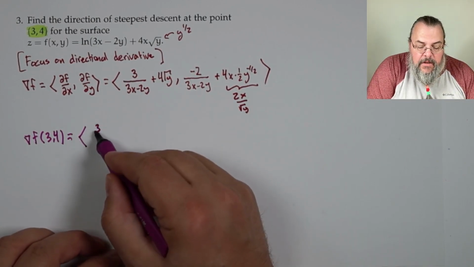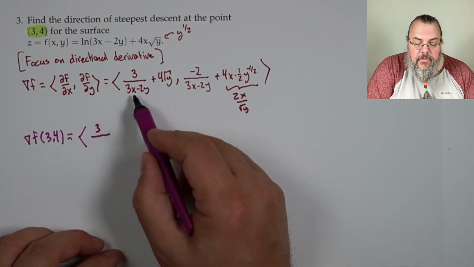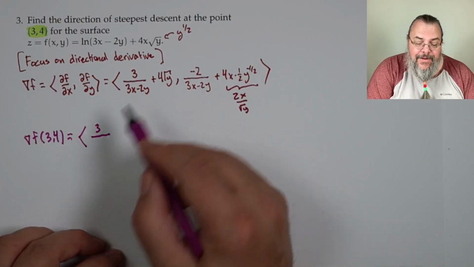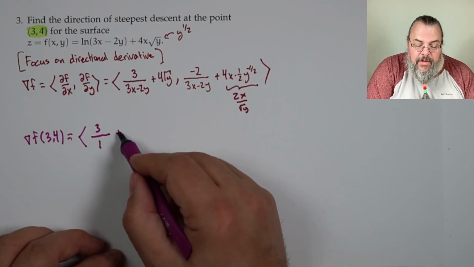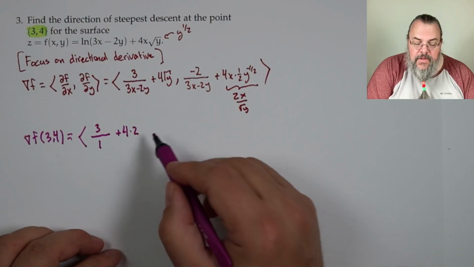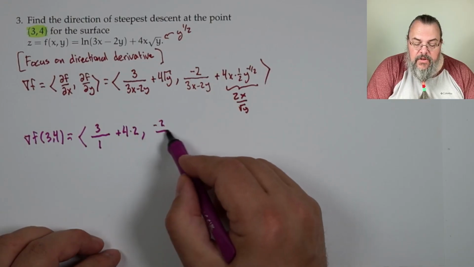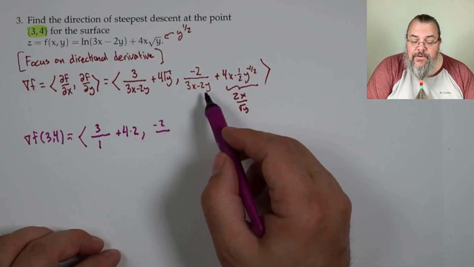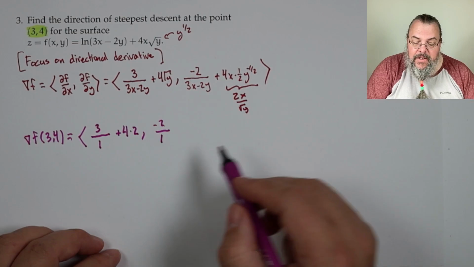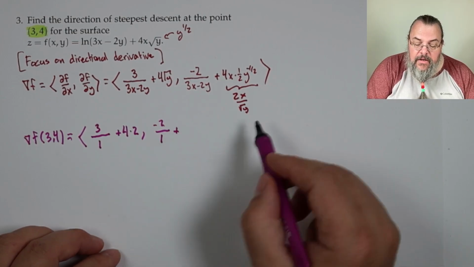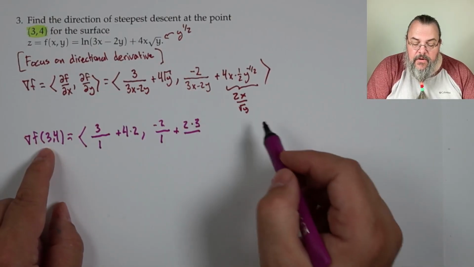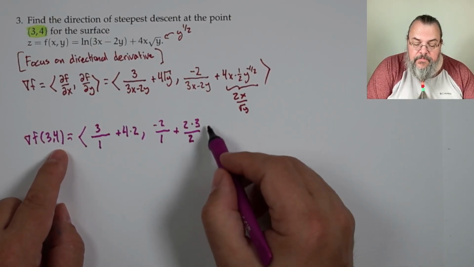We'll have 3 over 3 times 3 minus 2 times 4, 9 minus 8, 1, plus 4 times the square root of 4, which is 2, comma. Minus 2 over 3 times 3 minus 2 times 4, 9 minus 8, 1, and then we have plus 2 times 3, that's our x, over square root of 4, so that's a 2.